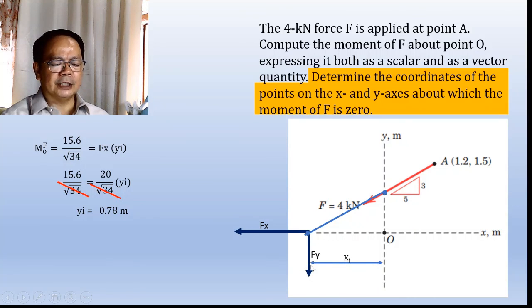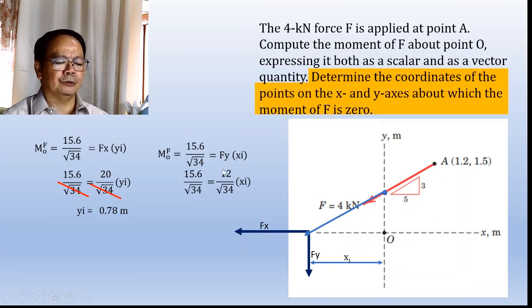And you will notice that the moment due to F is only caused by this F sub y, whose perpendicular distance is x sub I. So that if this will be equated with the moment of F about O, this is our moment. And substituting, the formula for the moment due to F sub y is F sub y times x sub I. Kung i-substitute natin itong F sub y equal to 12 over the square root of 34, yung square root of 34 dito will cancel each other. Kaya lalabas, x sub I is equal to 1.3.